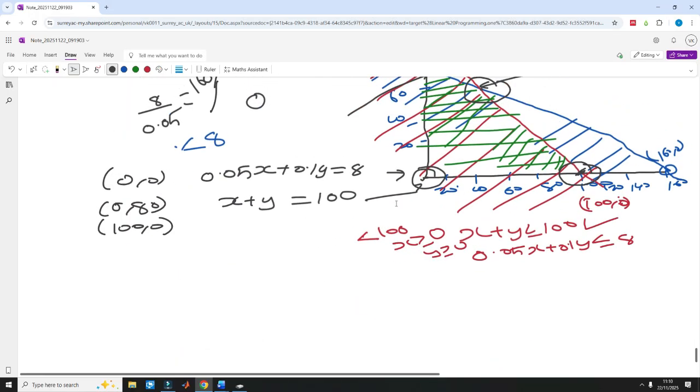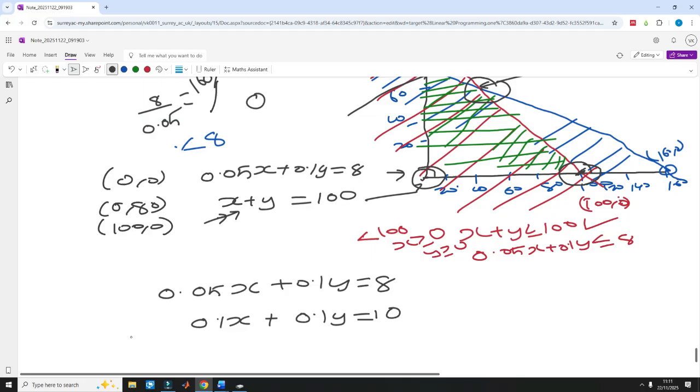That's correct. So multiply this equation by 0.1, and then we can solve. So 0.05x plus 0.1y equal to 8, and I'm going to multiply x plus y equal to 100 by 0.1. So that will be 0.1x plus 0.1y equal to 10. So we put a minus sign here, which means I'm multiplying the whole equation with -1.